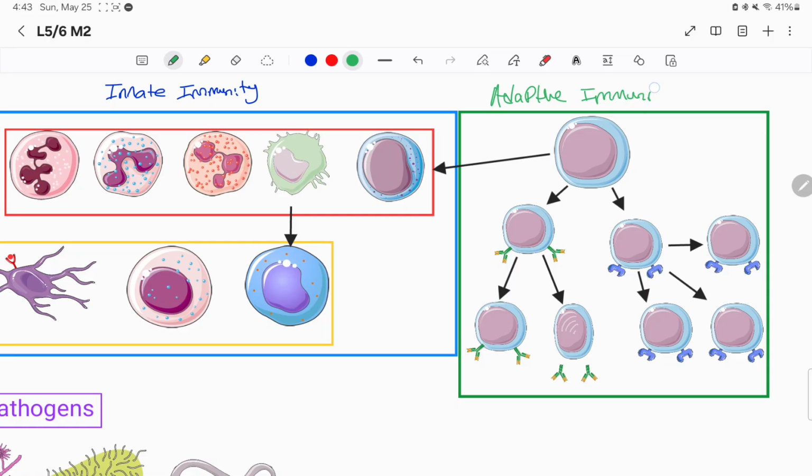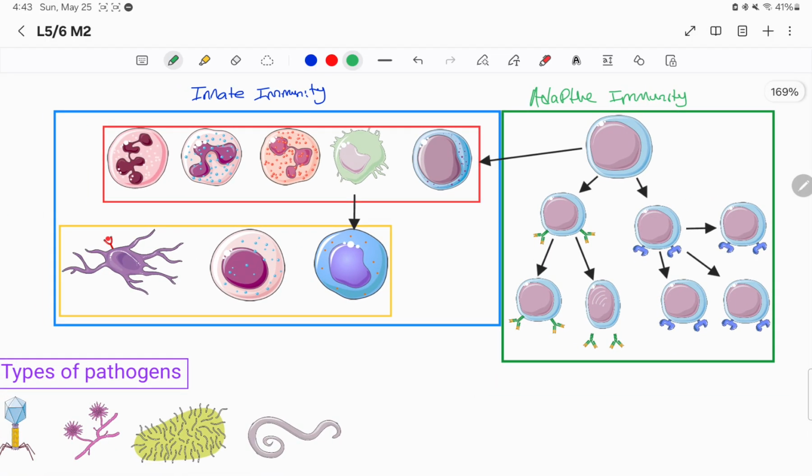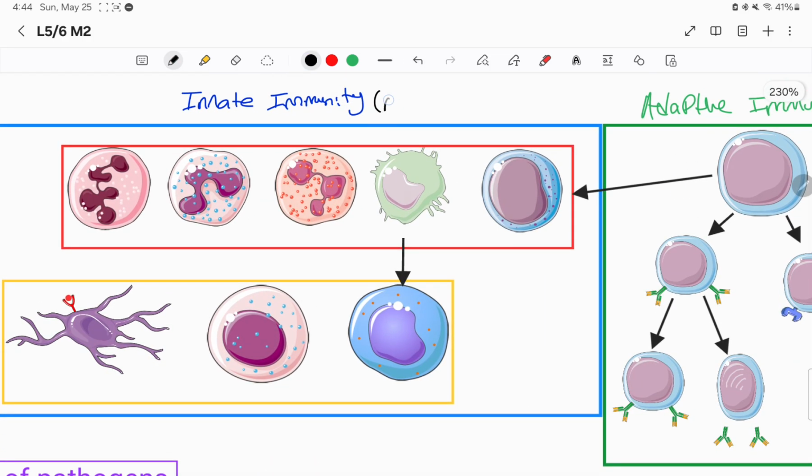Now, the adaptive immunity and the innate immunity are very much different from one another. They both function to defend you, but they do it in different ways, and they are made up of different cells and different processes. Okay, so we're going to look at the cells here, and then we'll look at some more of the processes in the next slide later in the video. Okay, but innate immunity, you have to know, is non-specific.